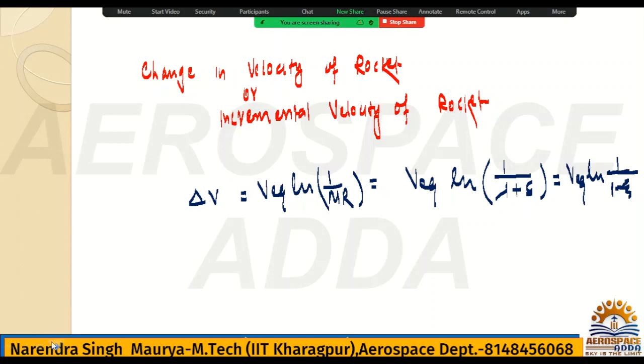So this is the formula, or somewhere you may get this formula in terms of ISPG also, so the same thing you will have.